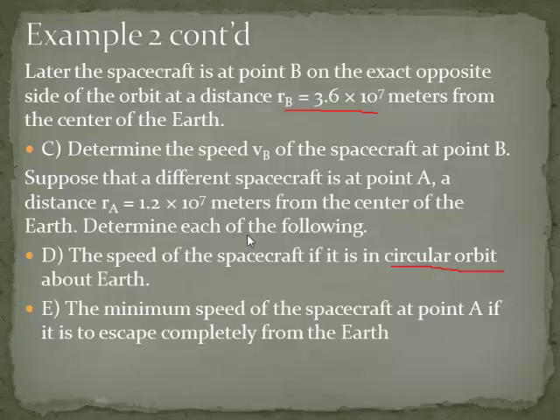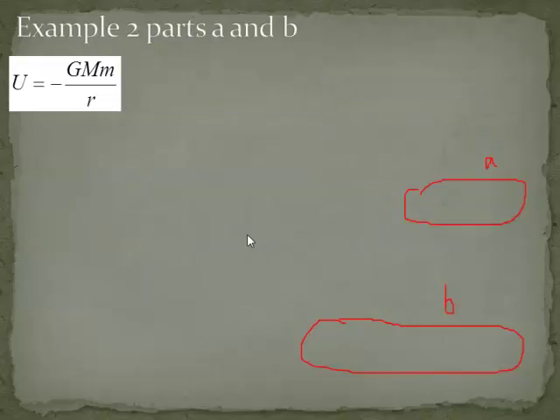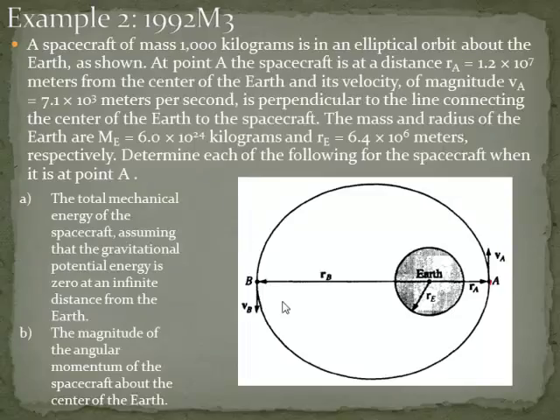So, part C is determine the speed of the spacecraft at this point. Here is where we want to use the information we know from Kepler's second law.